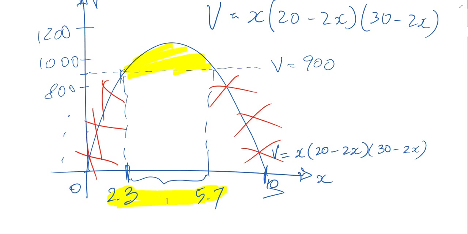Okay, so this is the original cardboard. I can choose to cut 2.3 by 2.3 like this, all around. Then I fold, I will get a volume of 900. Then you go and fold, and fold.